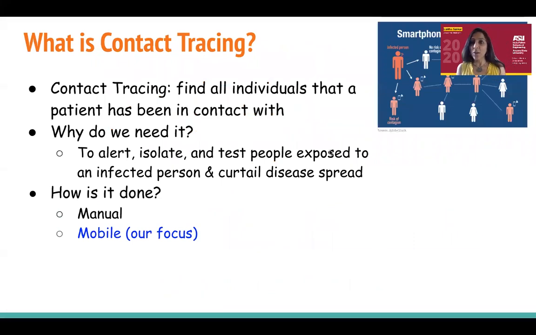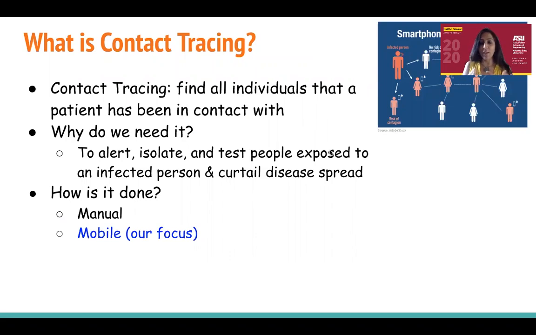So very briefly, contact tracing is the problem of identifying all the individuals that may have come in contact with a person who is being diagnosed with an infectious disease. Right now, we're in the midst of a pandemic related to the spread of COVID-19, a disease that's caused by the novel coronavirus, and there is much need for contact tracing.